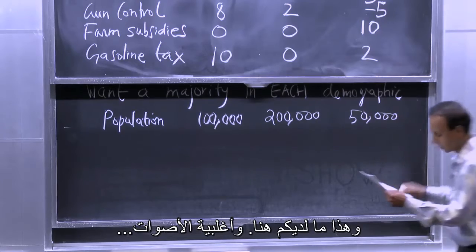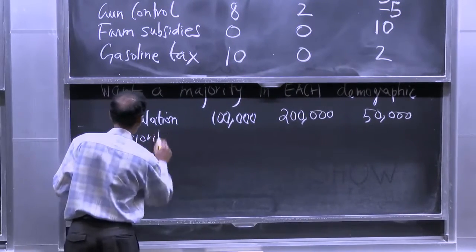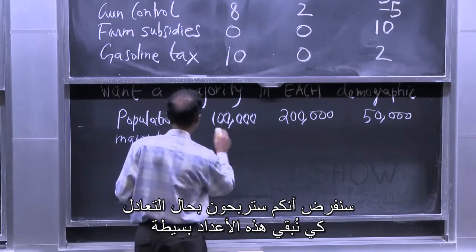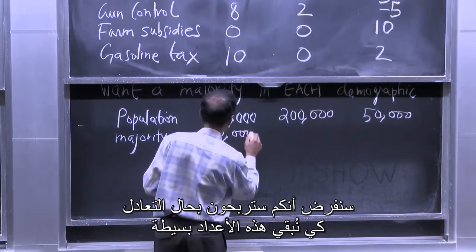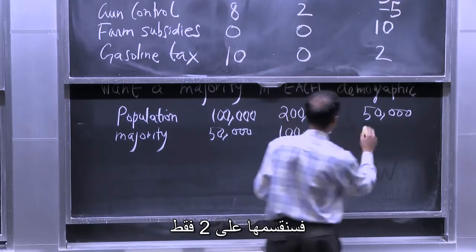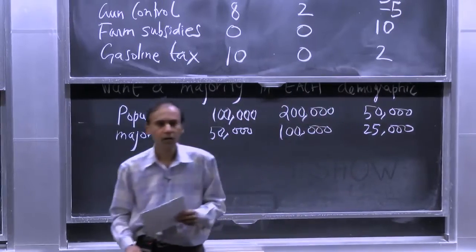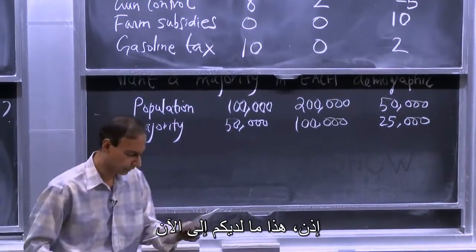And that's what you got here. Majority, we'll assume you win in the case of ties, just to keep these numbers easy. So that's just divided by 2. Okay? So that's what you got so far.